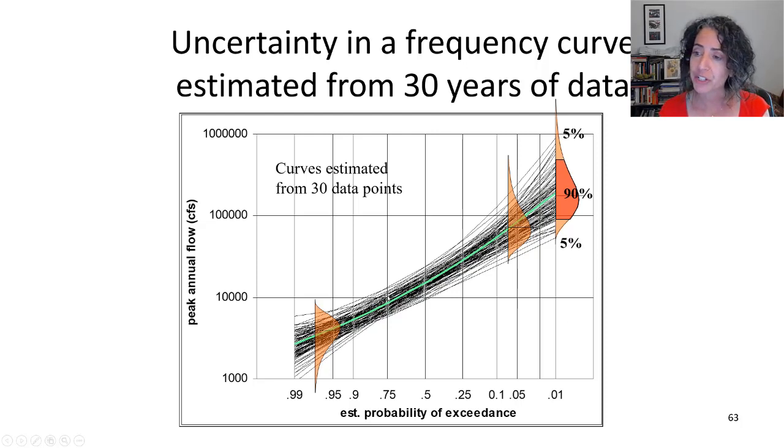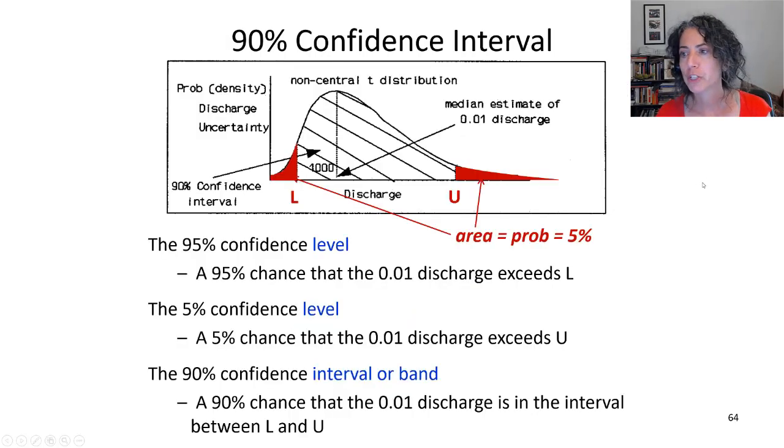We do that for these distributions all the way along the curve and can draw a 90% confidence interval, right? So in this case, we did it by Monte Carlo simulation instead of just by assuming a sampling distribution like the non-central t. I'm going to label these as lower and upper just to give one more view on this page. So this would be a distribution around, say, the 1% flow, and we're going to have the low that knocks off 5% and the upper that knocks off 5%, leaving us a 90% interval in the middle.